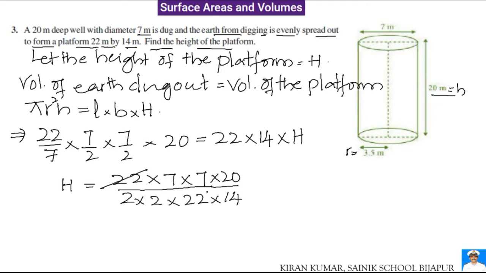Here 22 will get cancelled. There is one more 7 here. This 7 is in the denominator. This 7 also get cancelled.